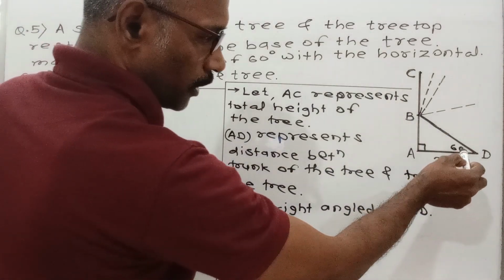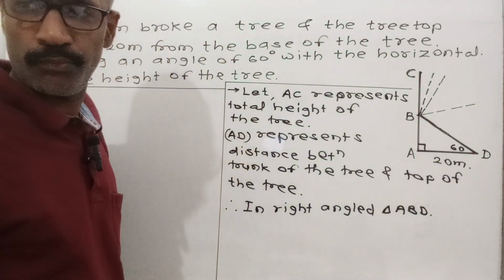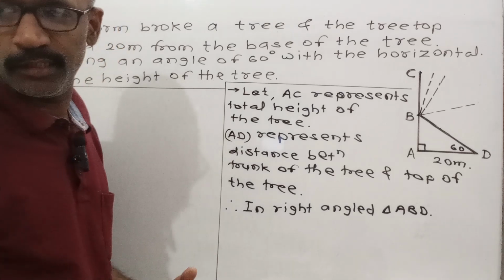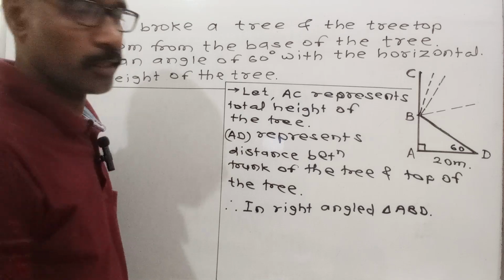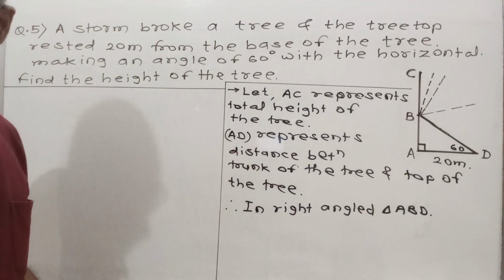Now, see this. This AB is opposite to 60 degrees. We know the measure of angle D is 60 degrees. Then opposite to 60 degrees is AB and the adjacent side of 60 degrees is AD.